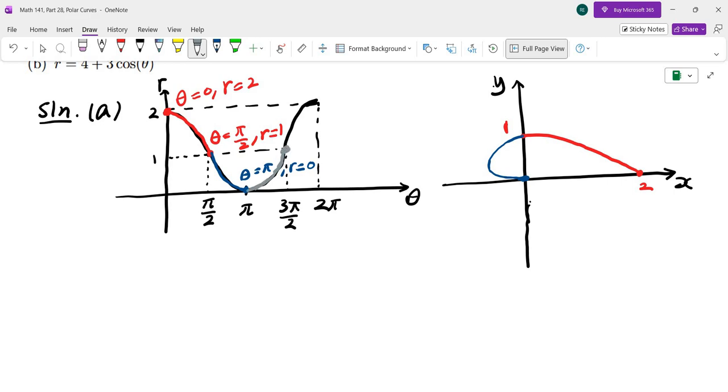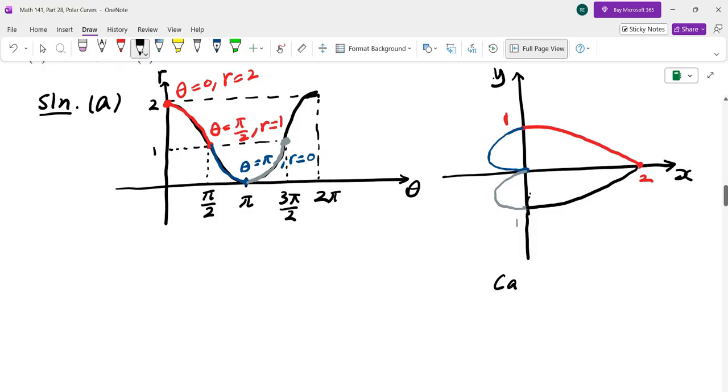So we get to theta equals 3 pi over 2 and r equals 1. So we get to a point like that here. So it's a very similar curve, except it is just reflected about the x-axis. And the last piece is the same. And once we go beyond 2 pi, the curve is repeated. This curve is actually called a cardioid.